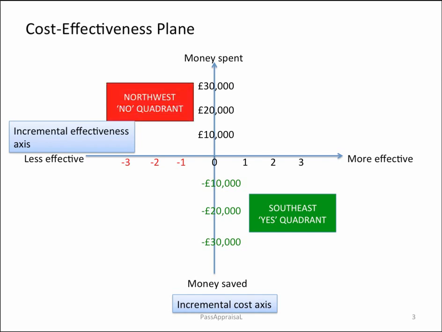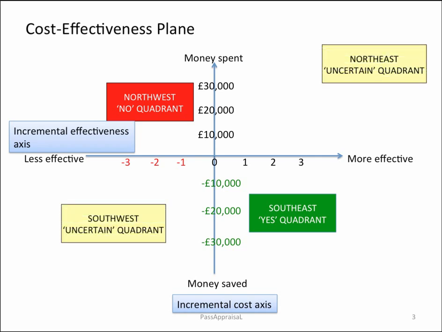If it falls on the northwest quadrant, then the new treatment is certainly not cost effective, as it not only requires a lot of investment but also has less beneficial effects. The two quadrants, southwest and northeast, are areas of uncertainty.